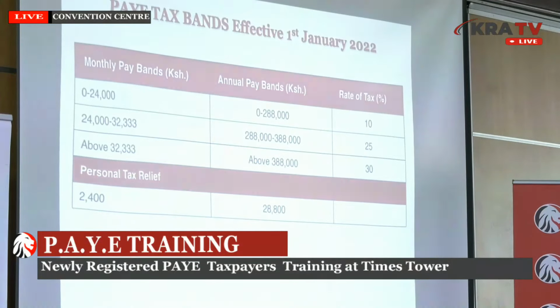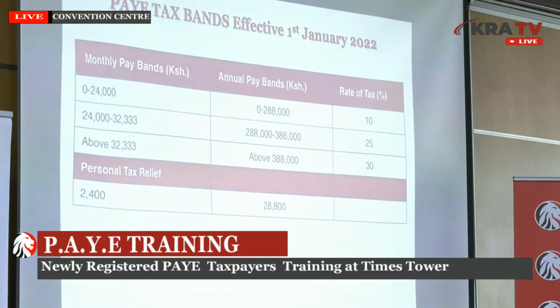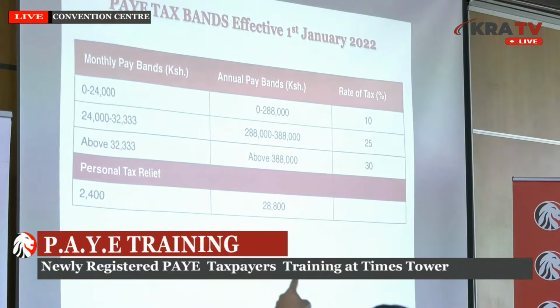So the tax to be paid by this person is 2,400, and then we have a relief of 2,400. When you less the relief, you get 0. So this person, in essence, is paying 0 PAYE. For someone earning 50,000, the amount will spill over. 50,000 is more than 32,000, so the amount that is over 32,000 is what you'll subject to 30%.